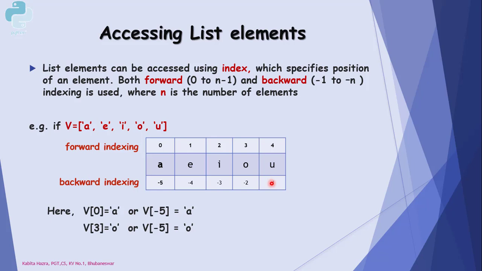So the element at index -1 is U, at -2 is O, at -3 is I, at -4 is E, and at -5 is A. So we can access an element using that index.